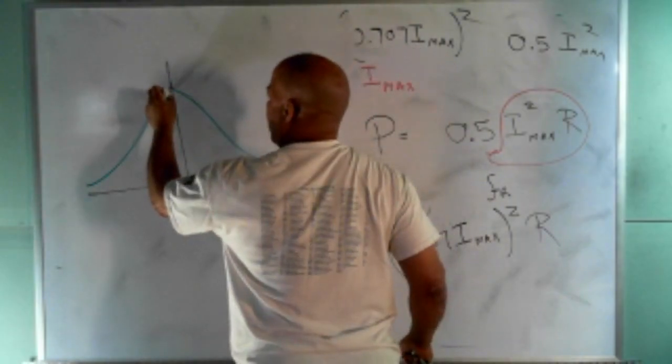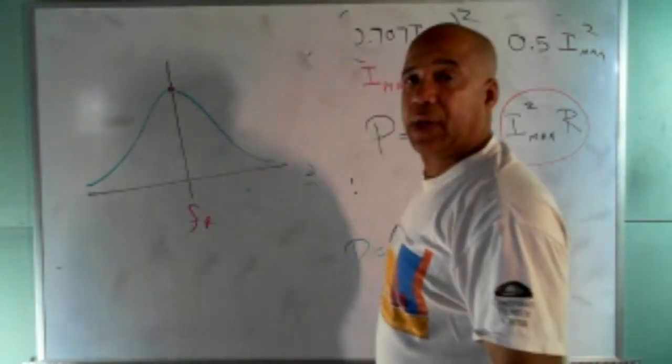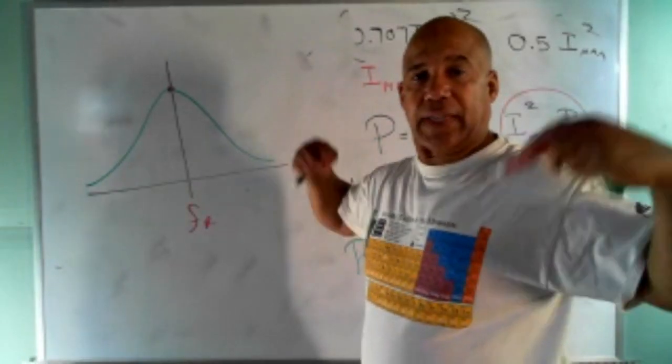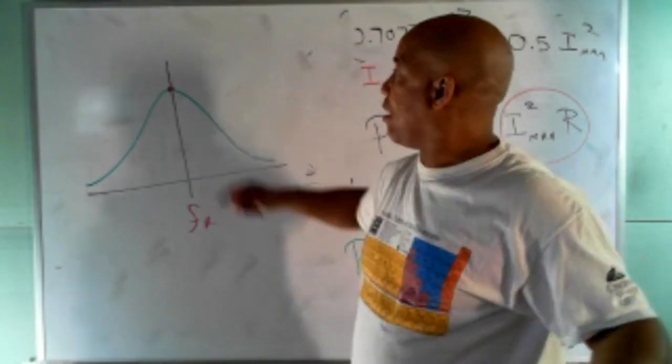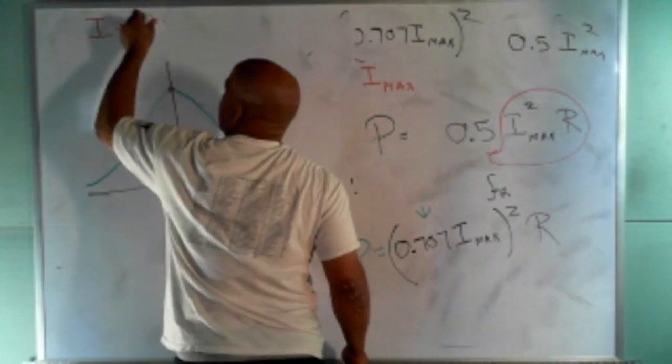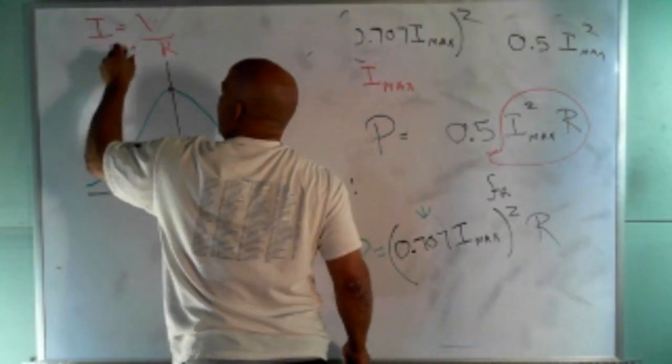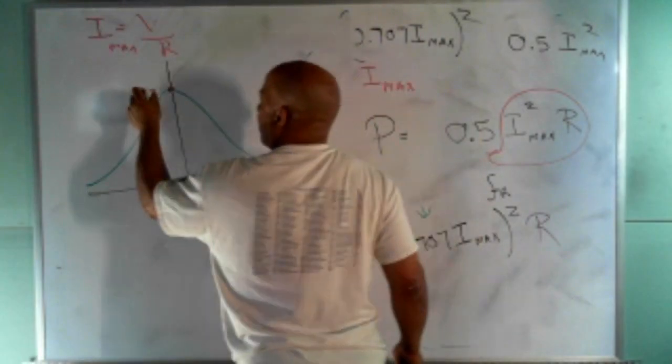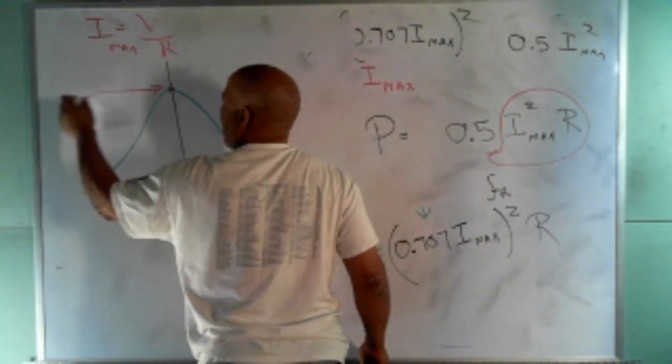Well, that's resonant frequency. So at resonant frequency, the reactive components are equal, so they cancel out. So to get the current there is easy, because the only opposition in the circuit is the resistance. So that must be a maximum current. So you know right there was I max.